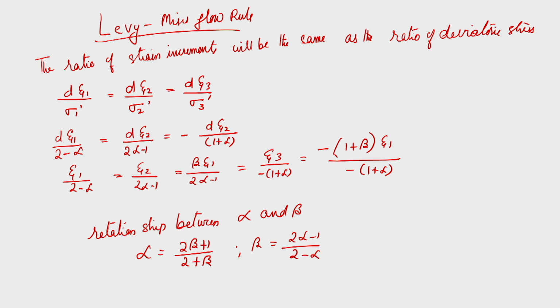This way also we can write. But this relationship between the stress and the strain will not give the exact value of the strain, that is true. We can only correlate with it.